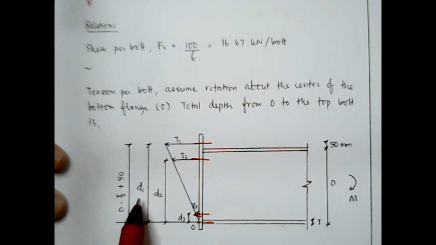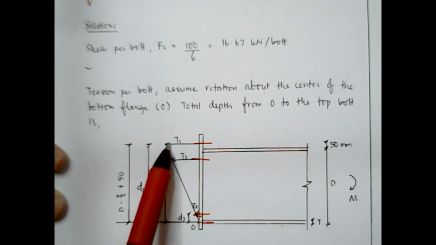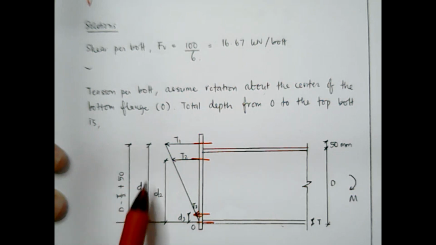We define the distance from the center of the bottom flange to the first row of bolts as D1, to the second row as D2, and to the third row as D3.